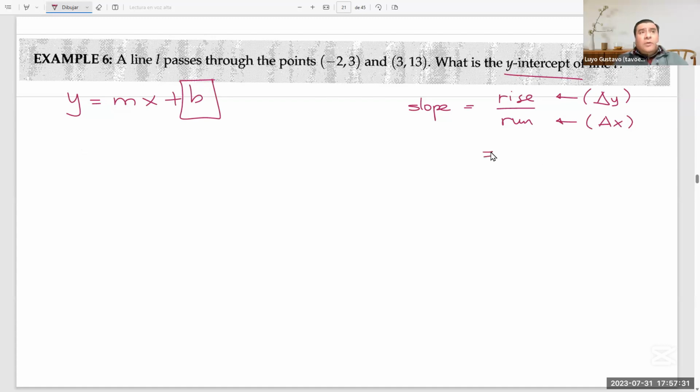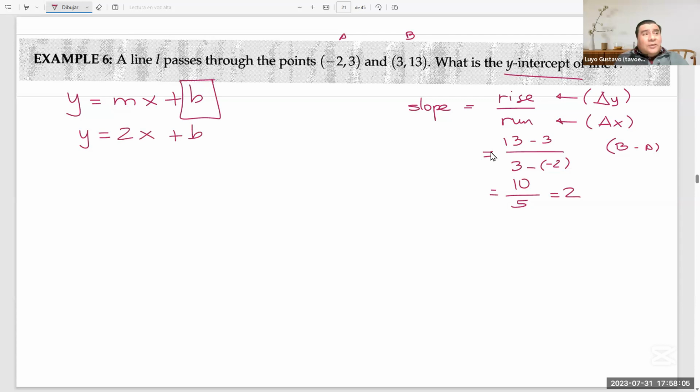If this is point A and this is point B, let's take B minus A. So 13 minus 3 divided by 3 minus -2. Notice I'm taking the same direction in the subtraction, B minus A, okay? So here you have 10 over 5, which equals 2. So that's the slope. We have y = 2x + b.